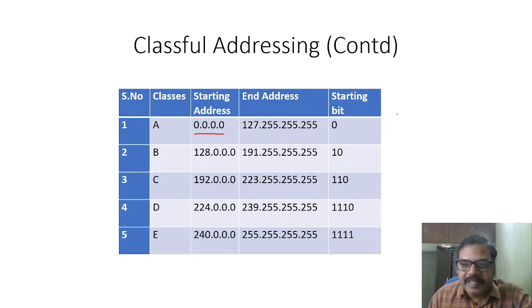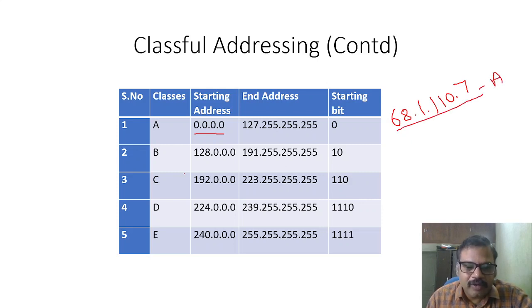Suppose somebody writes 68.1.110.7; by merely looking at this number, we should be able to tell which class the address belongs to. Obviously, it belongs to class A, because this is in the lower range.